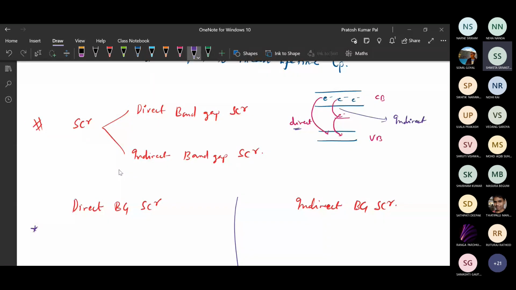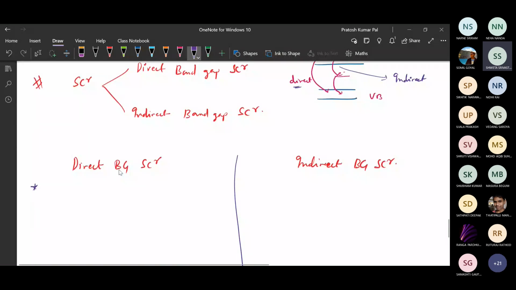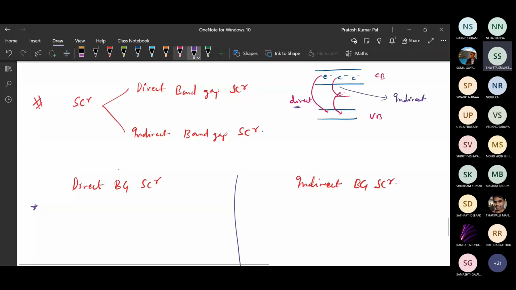Because the electron moves from conduction band to valence band, it is going to dissipate the energy, and that dissipation of energy will be in terms of light.